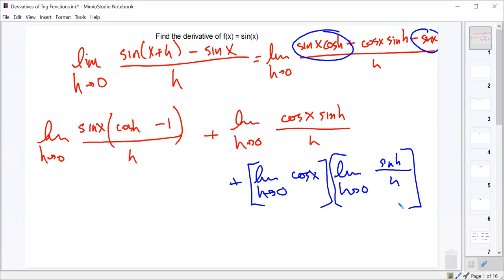What about over here? Anybody see something good to do with that? Cosine of h minus 1 over h. Okay, just do the cosine of h minus 1 over the h? Yeah. Okay. And what about the sine x? Just leave it there? Yeah.